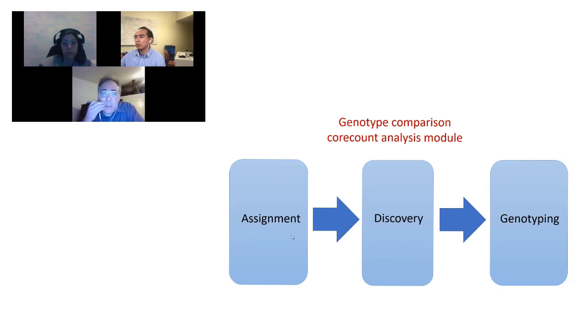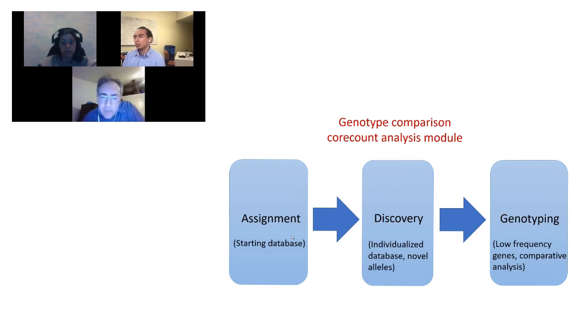And this has been supplemented by subsequent programs which can identify novel alleles present. However, neither of these really give the full picture of a complete genotype. And we realized that we were missing quite a lot of the low frequency genes and alleles.